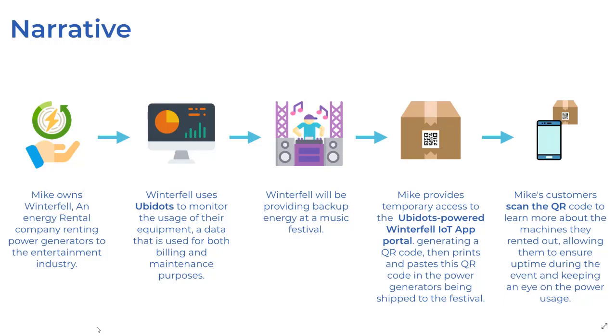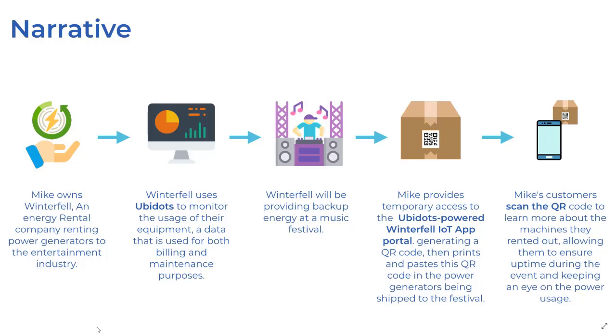But once he rents out equipment, let's say an energy plant for a music festival, he provides the equipment with the shipment. He rents the energy plant, and along with that, he pastes a QR code.